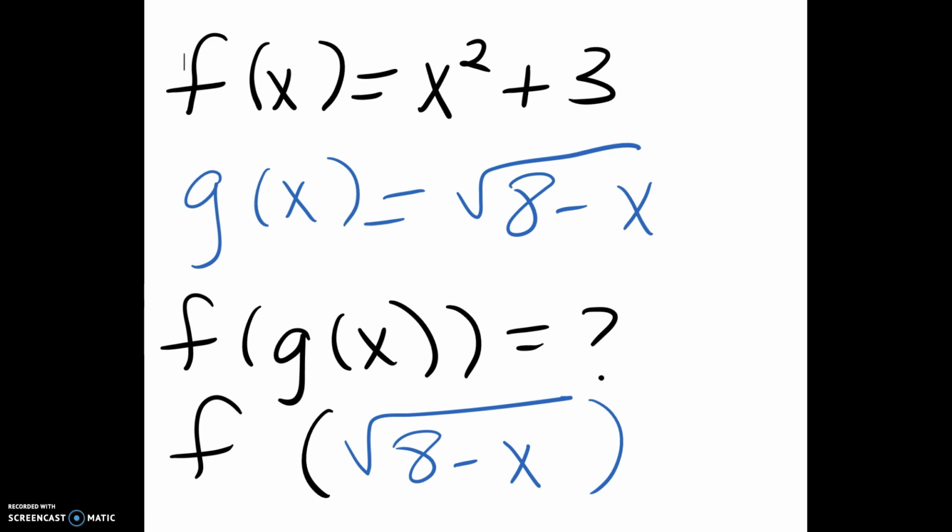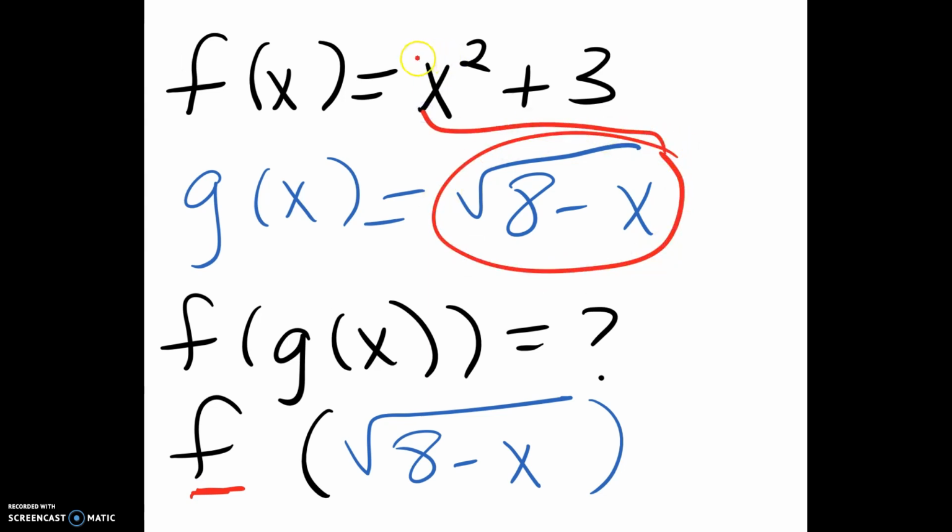So this means we're going to take the value or the function, the square root of 8 minus x, and we're going to substitute it into f in place of the x. Okay?